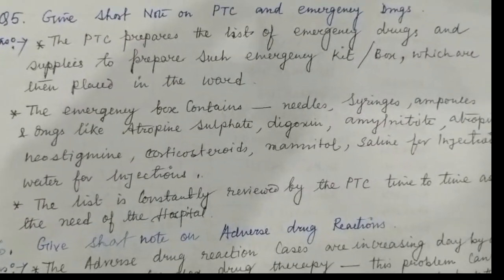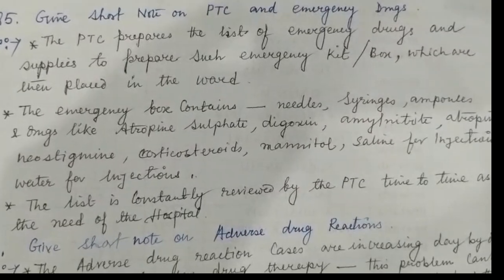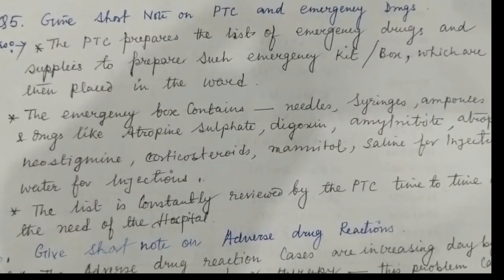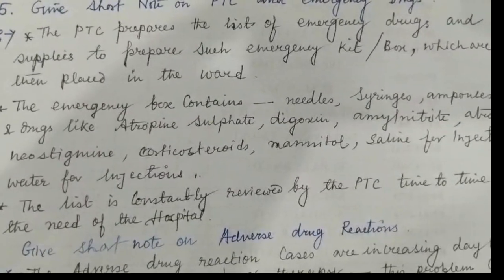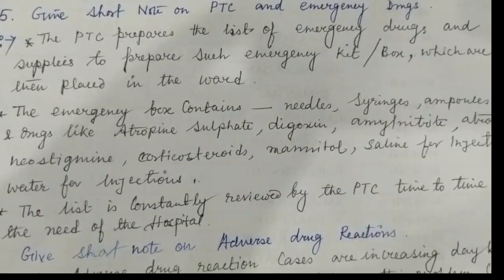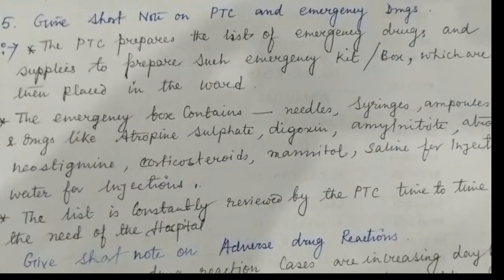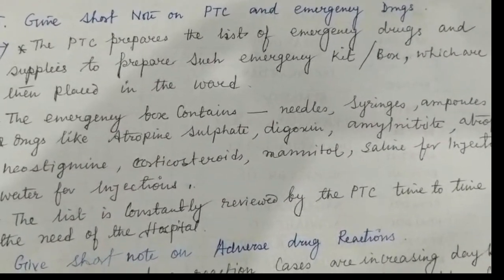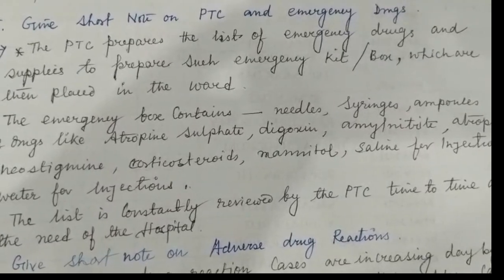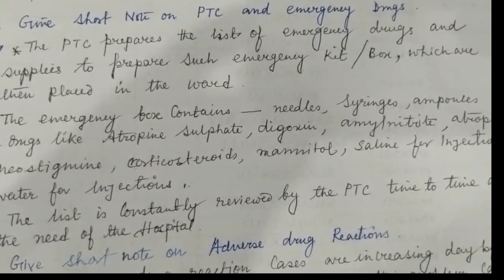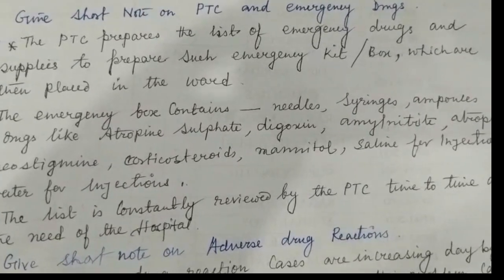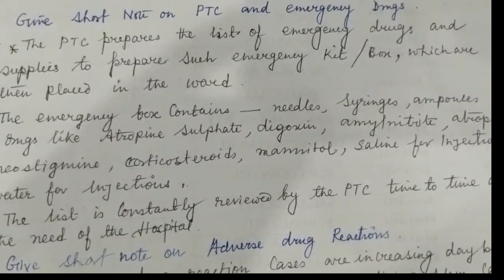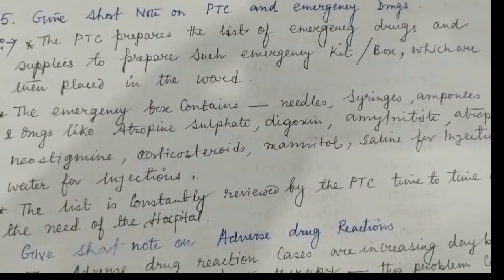Question number 5. Give a short note on PTC and emergency drug. So in which case does PTC come under consideration in case of emergency drug? What are the rules for them? The PTC prepares the list of emergency drugs and supplies them to prepare such emergency kits or boxes, which are then placed in the ward.